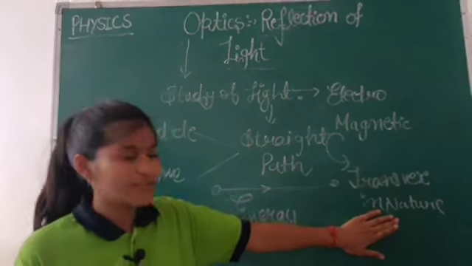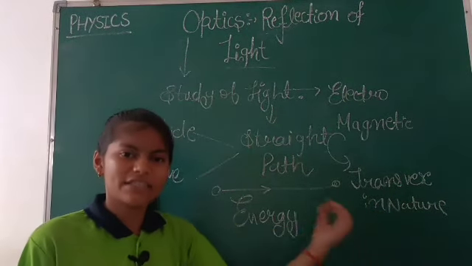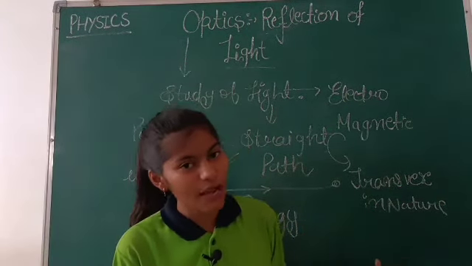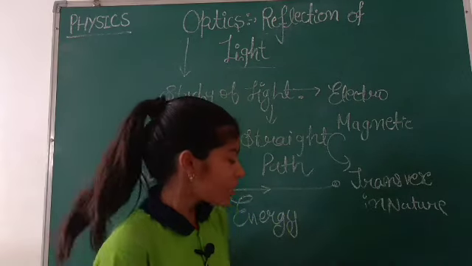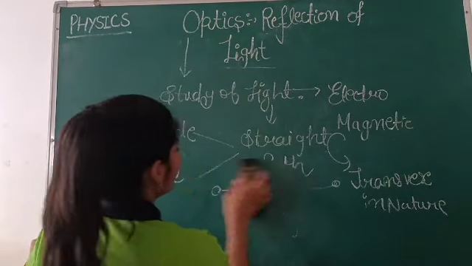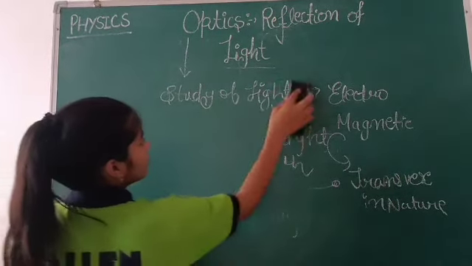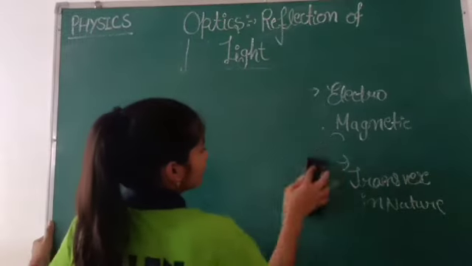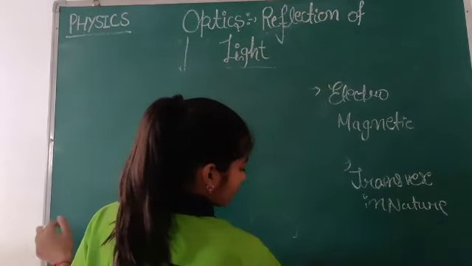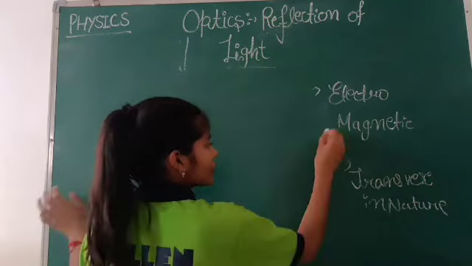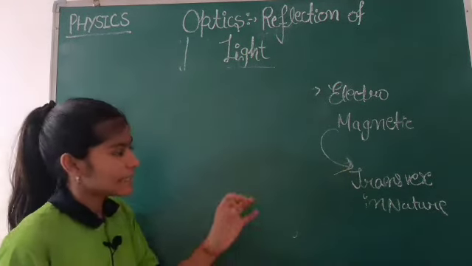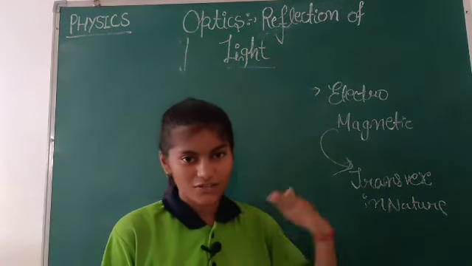Now let's see the reason why electromagnetic waves, which means light, are transverse in nature.